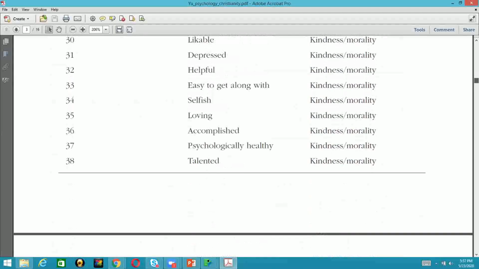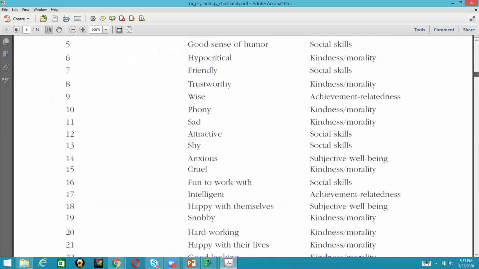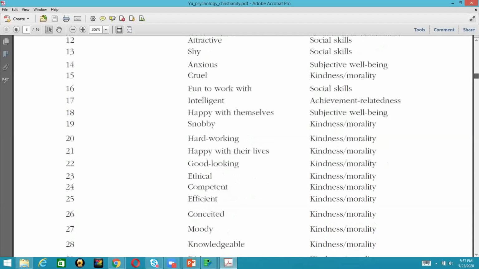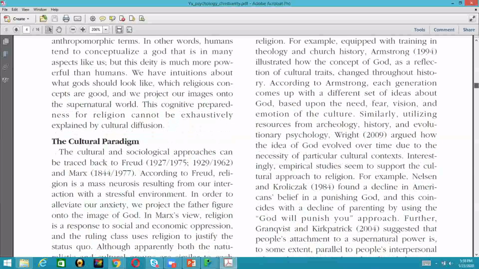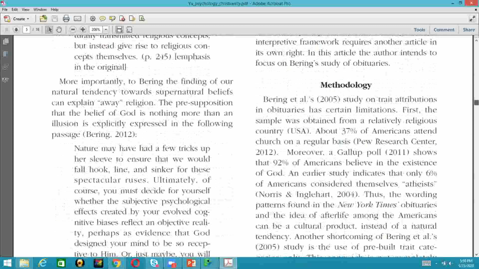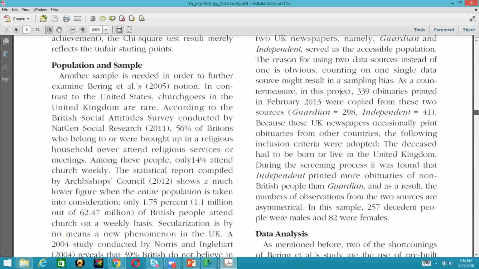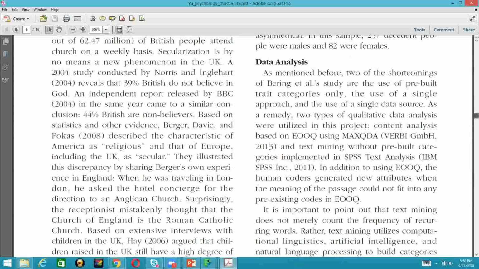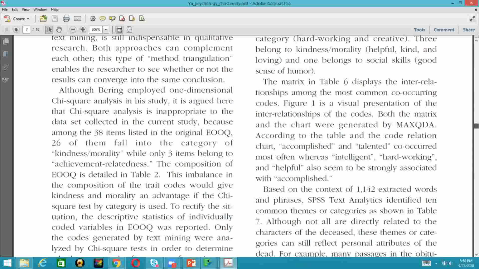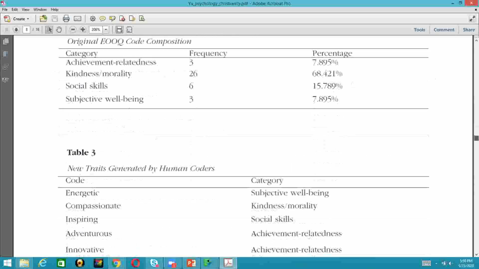Here I show the human-made concept by content analysis, and then here is the methodology. I talk about the software tools I use, like MAXQDA, and then IBM Modeler.